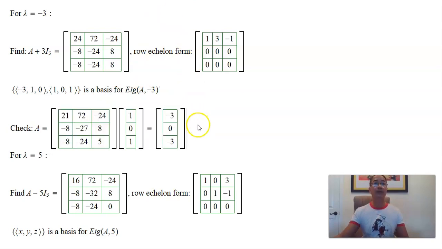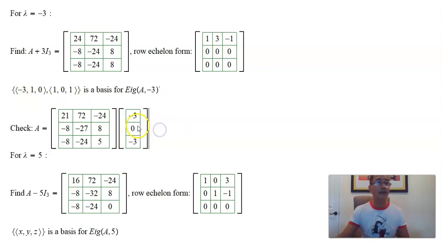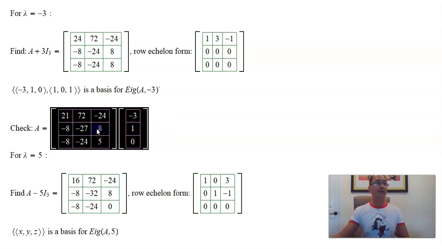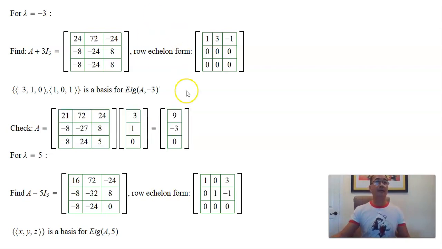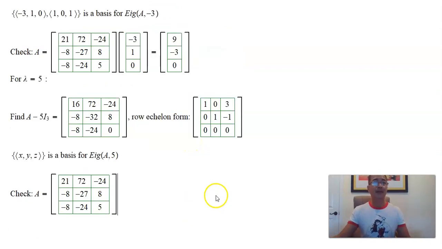And we do. Yay. Okay, so now we multiply by -3, 1, 0. Oh, look at that. I can now recycle this as -3, 1, 0. Okay, do we get +9, -3, 0? Let's see. Yep, +9, -3, 0.